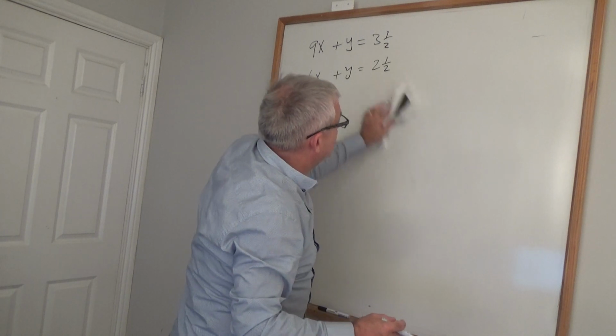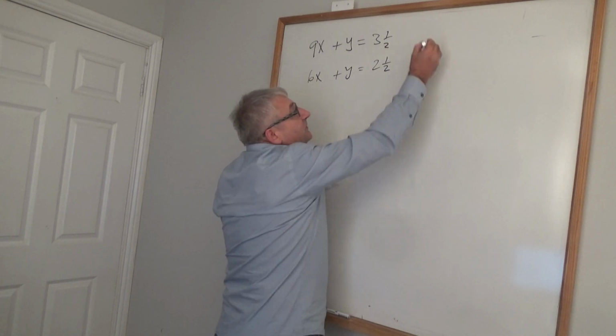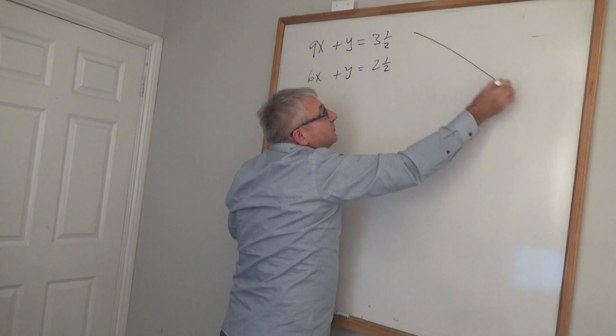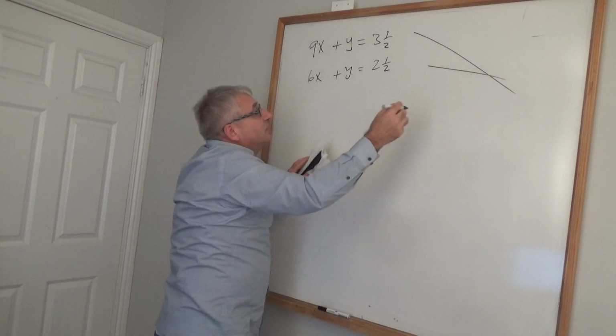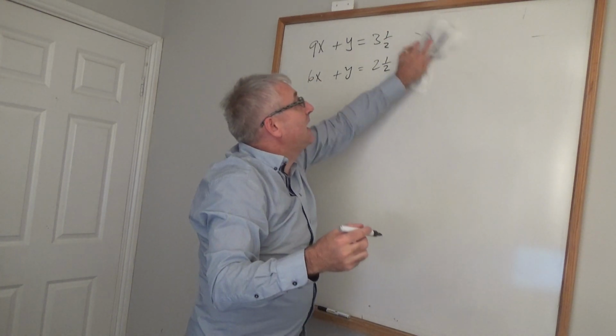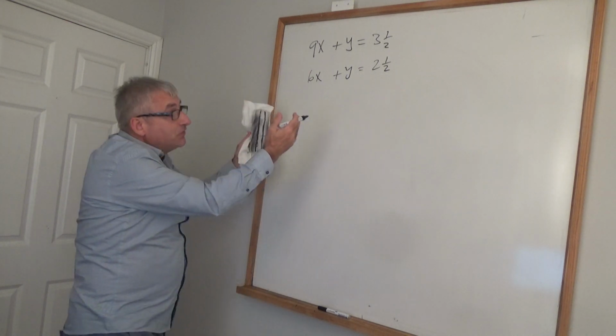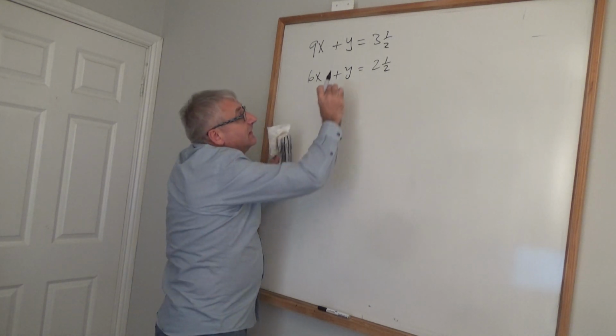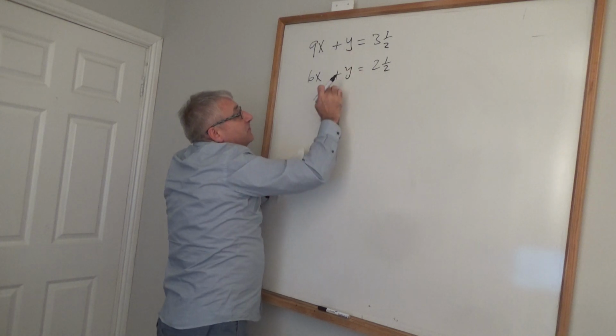So there's a correspondence to what's happening graphically. If the two lines are increasing or the two lines are decreasing, then when we look at the algebra, it's likely that we will be eliminating by subtraction.